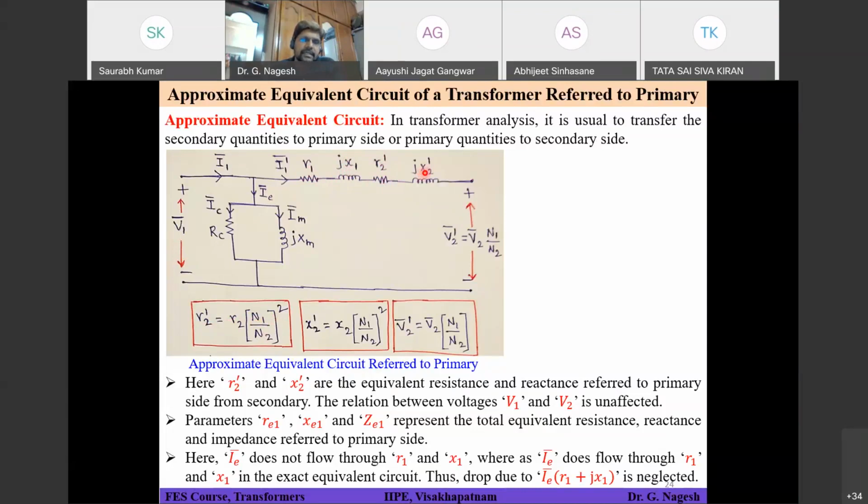Similarly, X2 dash, which is coming from the secondary to primary, is given as X2 dash equals X2 into N1 divided by N2 whole square. And V2, which is coming from the secondary, now we will call it V2 dash. That is given as V2, which is existing on the secondary, multiplied with N1 by N2.